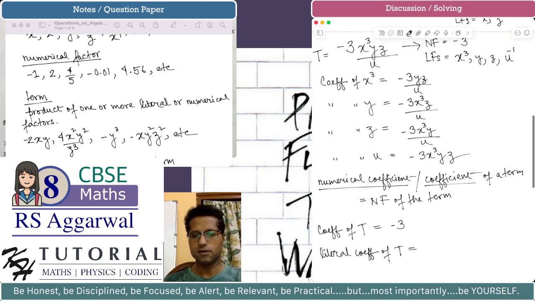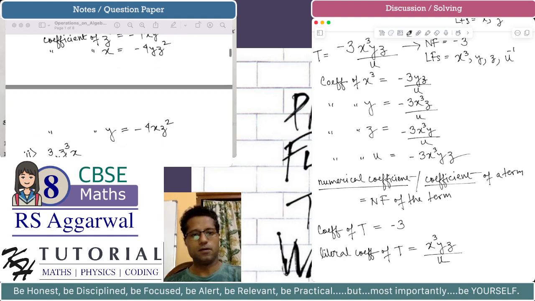So in this case, for the term minus 3 x cube y z by u, the literal coefficient is x cube y z by u. That is, you just ignore the numerical coefficient of the term. Whatever is remaining, excluding the coefficient or the numerical coefficient of a term, is the literal coefficient of the term.